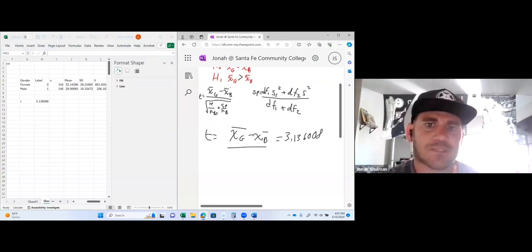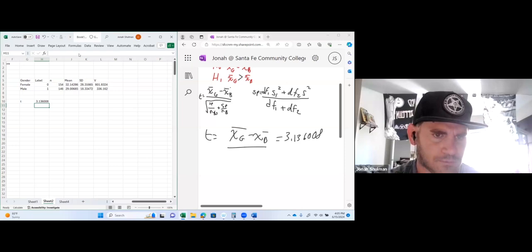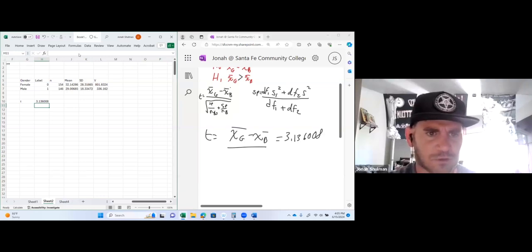All right, now the next part is the first part of the bottom, which is degrees of freedom of 1 times the variance plus degrees of freedom of 2 minus 1 times the variance.